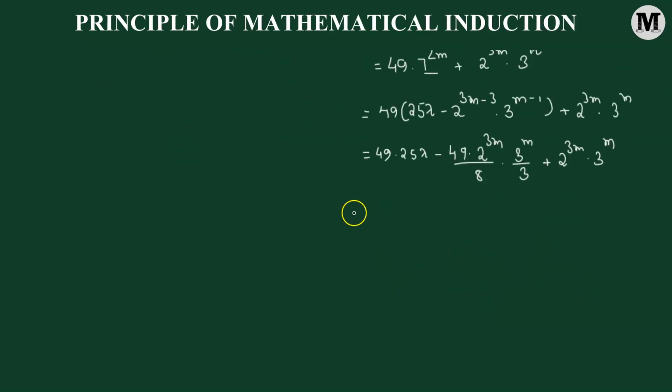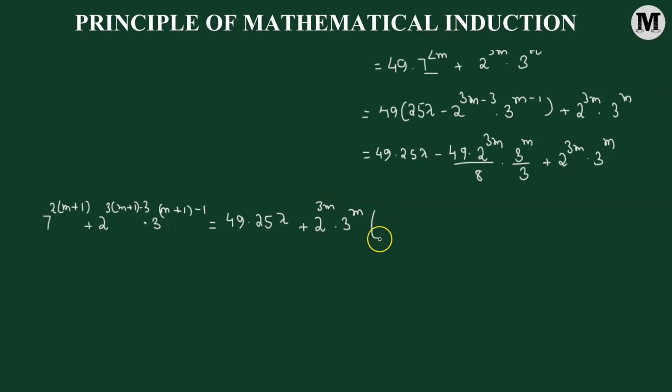Okay, so we will be left with 49 multiplied to 25 lambda. So let's write down the left hand side as well. We will take positive 2 raised to the power of 3m multiplied to 3 raised to the power of m as the common factor. Now that means we're considering the third term first, so that's going to be 1.